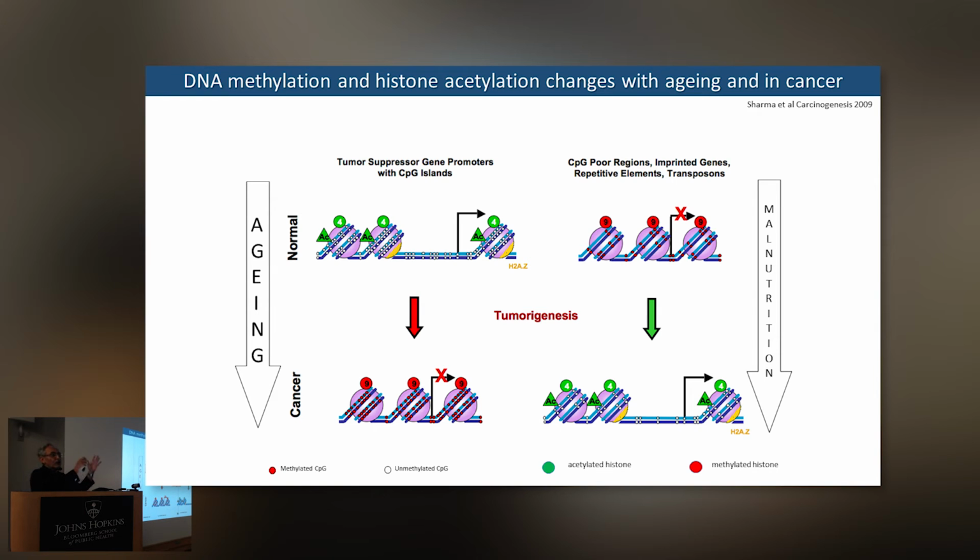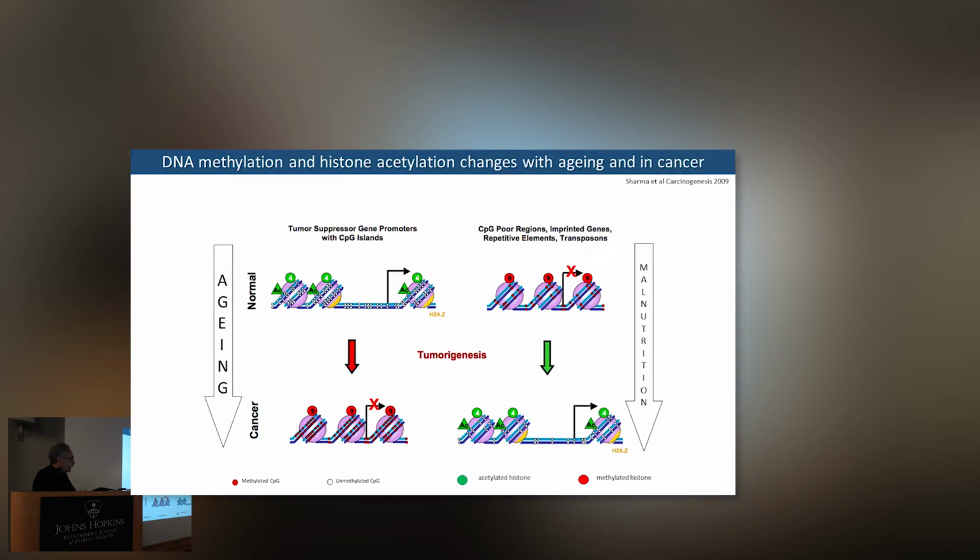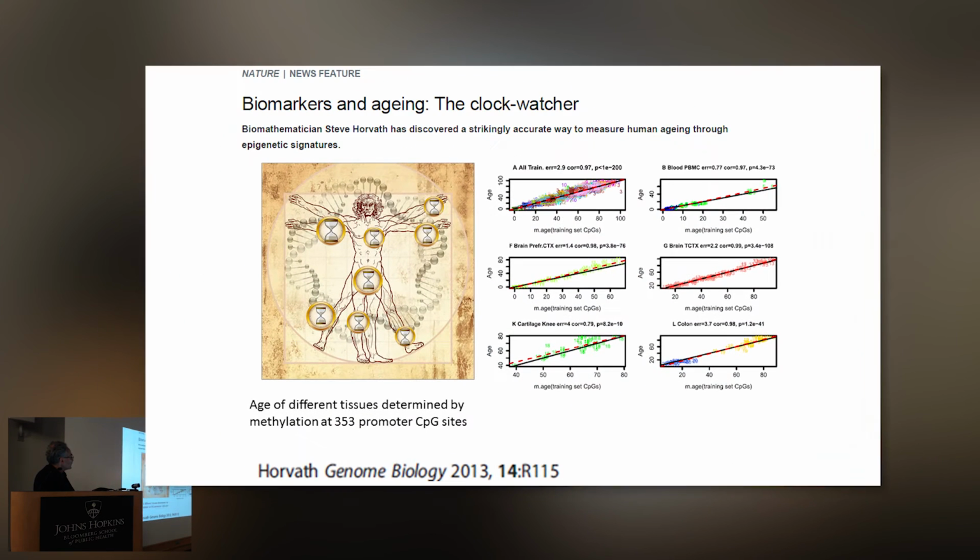But overall, globally, it's hypomethylation. However, if you look at specific genes, it becomes extremely precise. So Steve Horvath looked at the methylation of specific genes or promoters in specific genes. And you could see a very tight relationship between a person's age and methylation here.